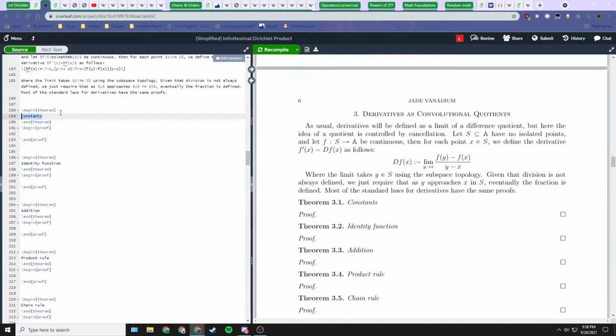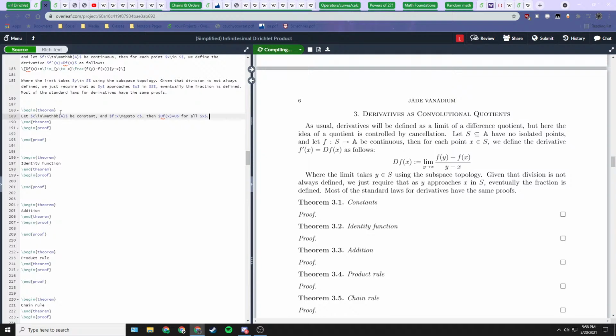So we can let f map A to, so it maps any x to some constant. So let c be in B, and f have this map, then df of x equals 0 for all x.